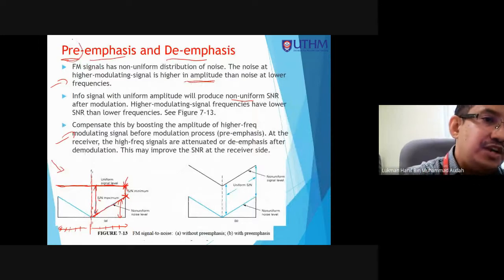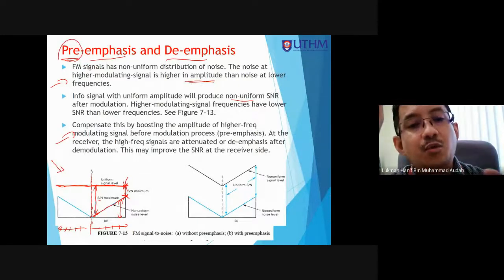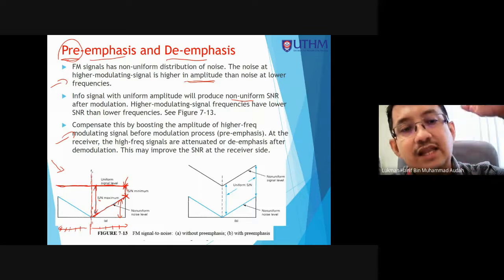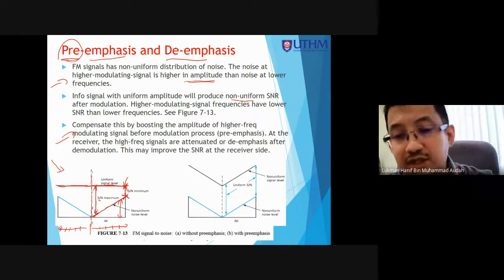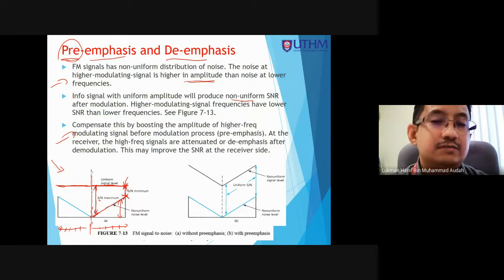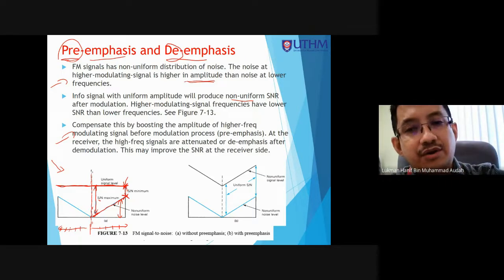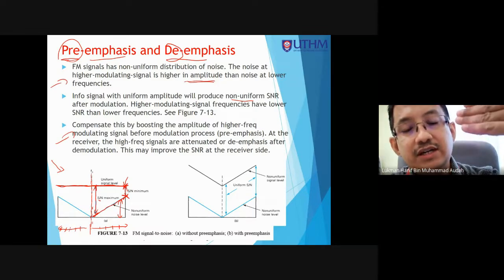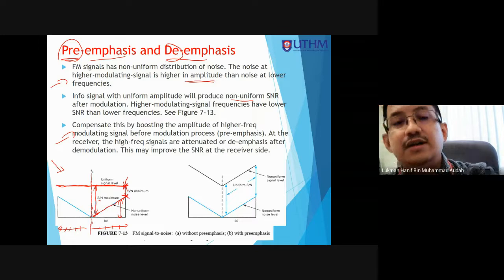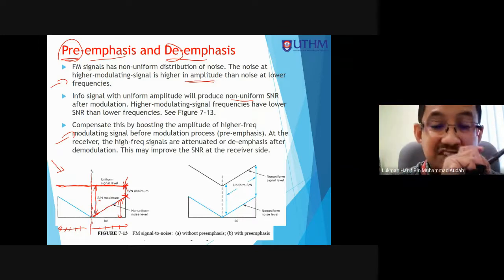The word pre here means that pre-emphasis, we will increase the signal level before the modulation process. De-emphasis, we will reduce the signal level after demodulation process at the receiver.